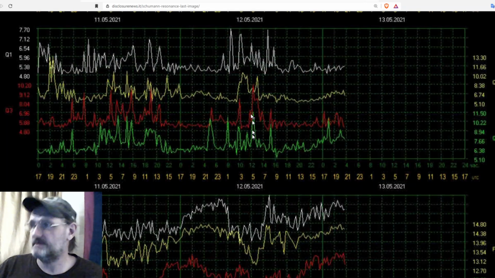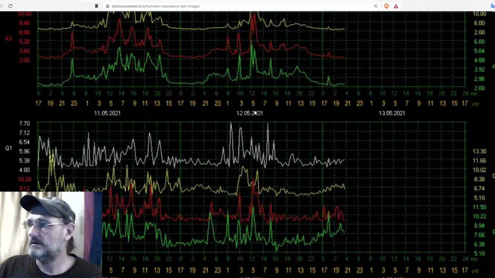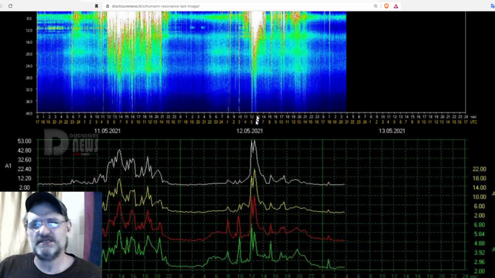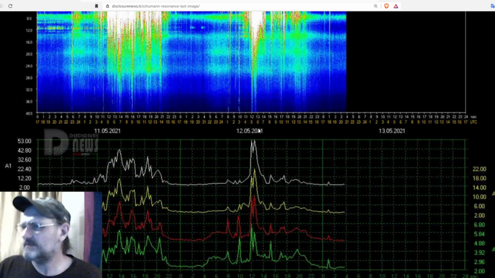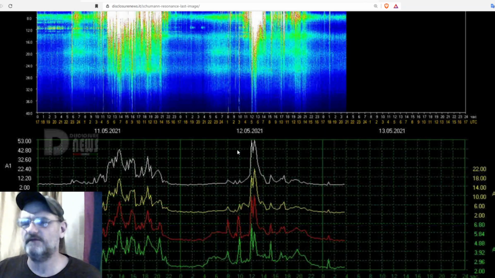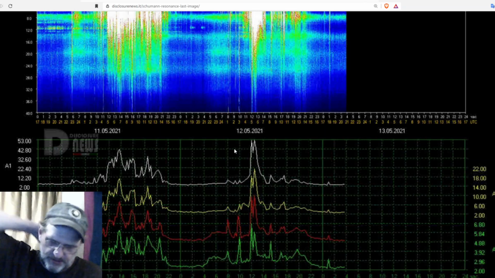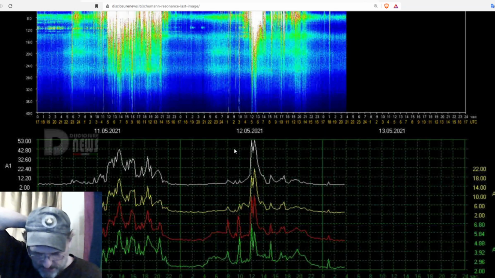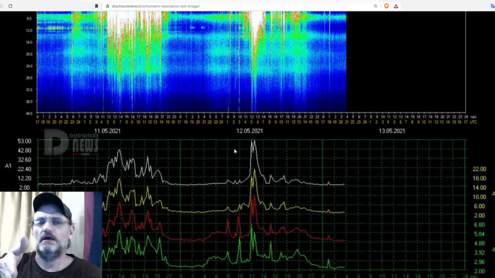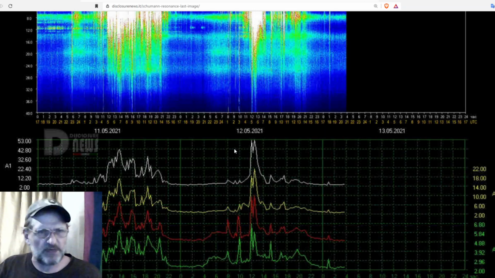But then there's a peak here, a peak here. These are just things I've noticed. I'm still piecing it together, but there's definitely a relationship between the amplitude flashes and then a dip in the frequency as it adjusts, and then it picks up again.